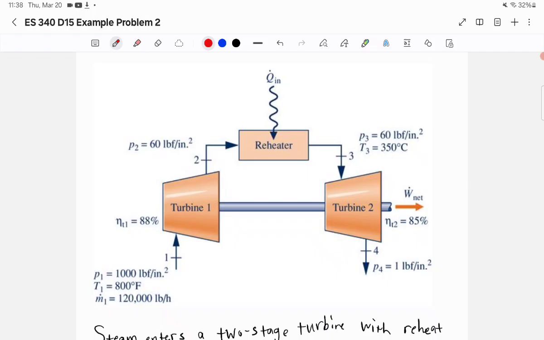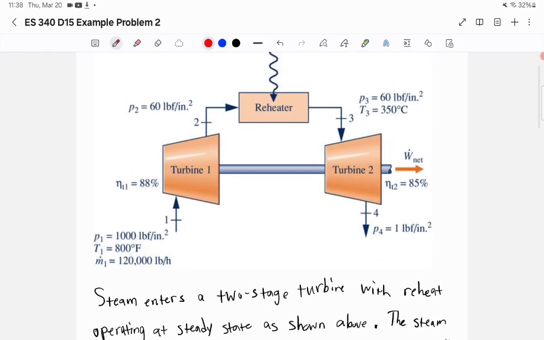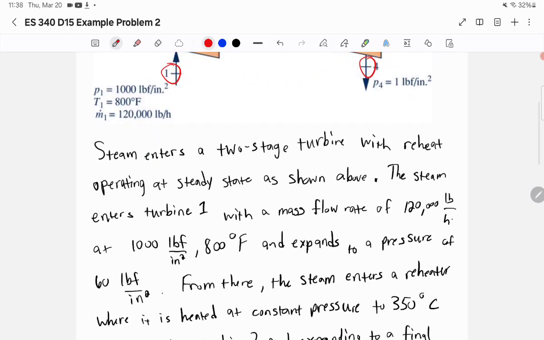So we have a dual turbine system here with a reheater and a bunch of properties at each of the places, right? 1, 2, 3, 4. Steam enters a two-stage turbine with reheat operating at steady state as shown above.